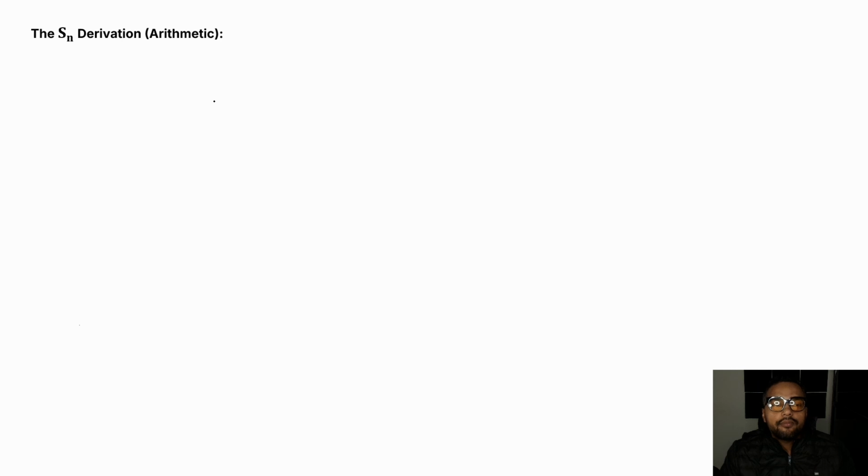The first major important derivation in 9MA0 is the Sn derivation, the sum of n terms derivation for an arithmetic progression series. So if we are writing the sum of n terms, it will be equal to a1 plus (a1 + d), this is our second term.